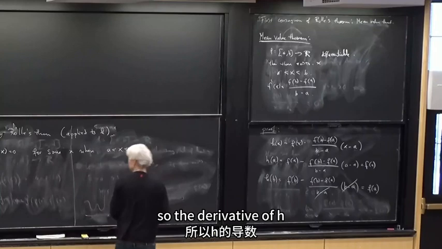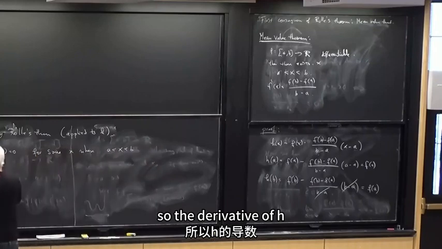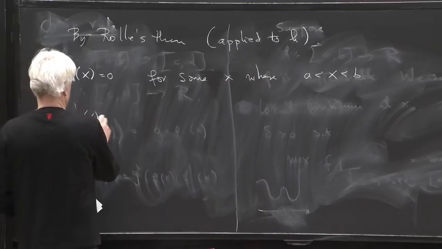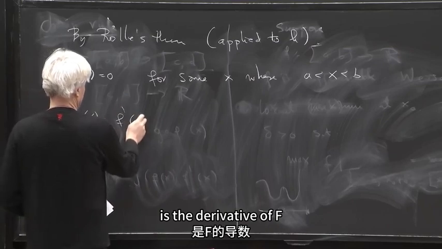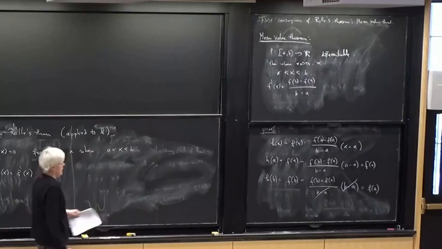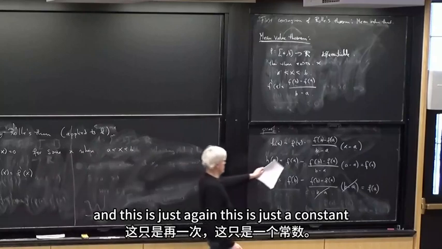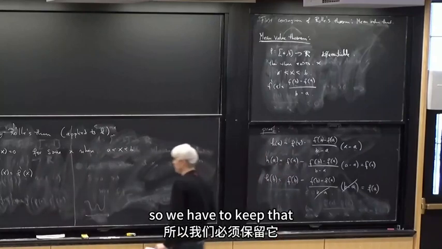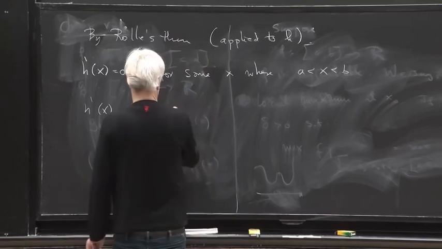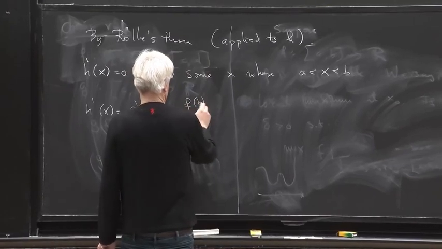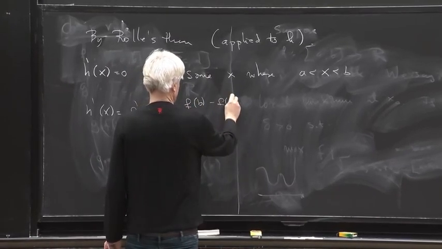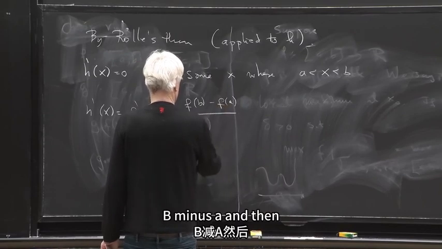So the derivative of h is the derivative of f. And this is just, again, a constant. So we have to keep that, minus (f of b minus f of a) over (b minus a).